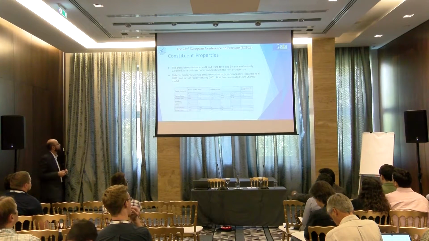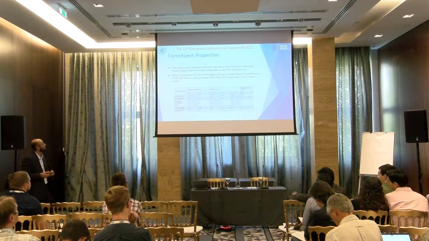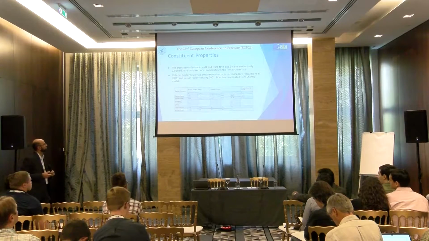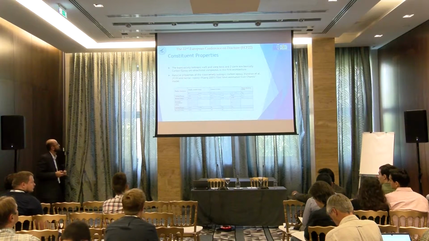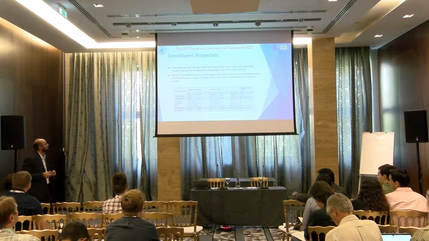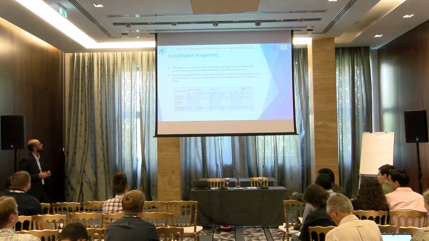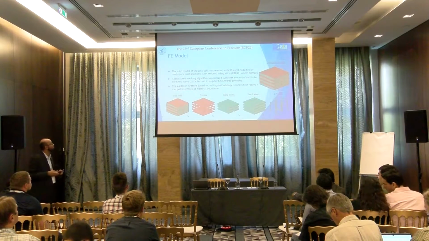The constituent properties for carbon and Kevlar are estimated through Chamis' model, which is a very famous model for composite laminates, and the elastic moduli, Poisson ratio, and strength parameters have been calculated and used in the FE model.